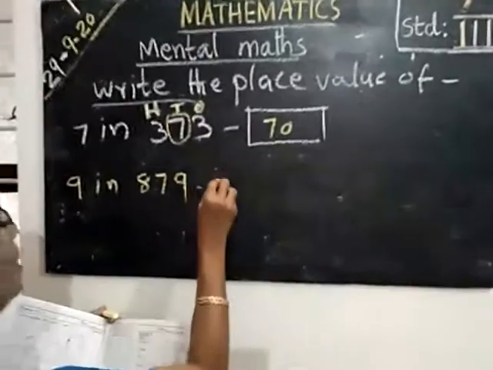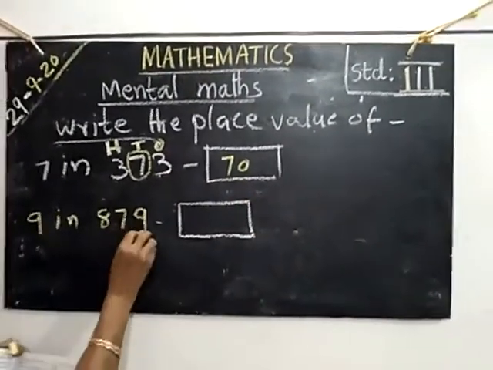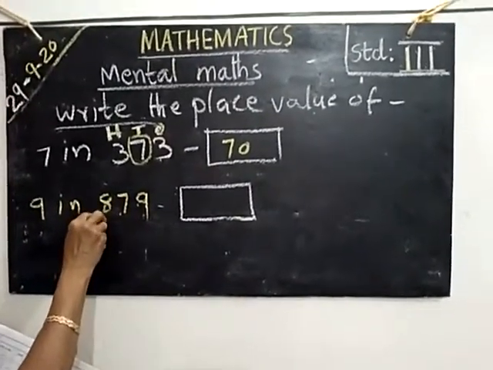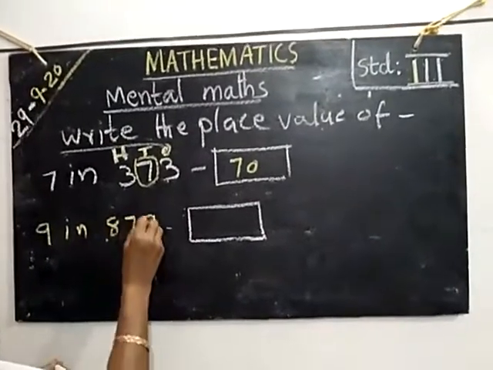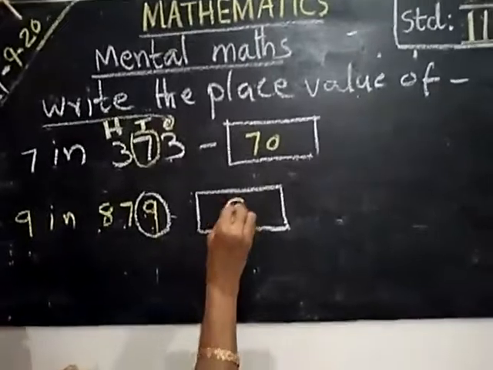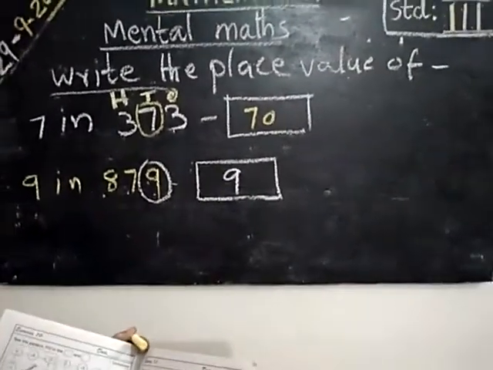What is the answer? 9 ones, 7 tens and 8 hundreds. That is 879. Here only 9 ones, so you write 9.